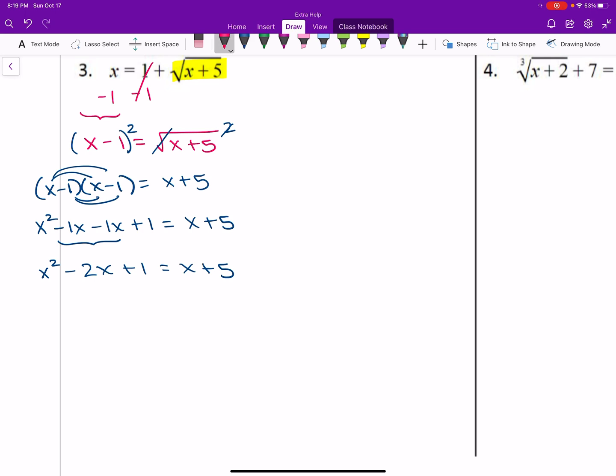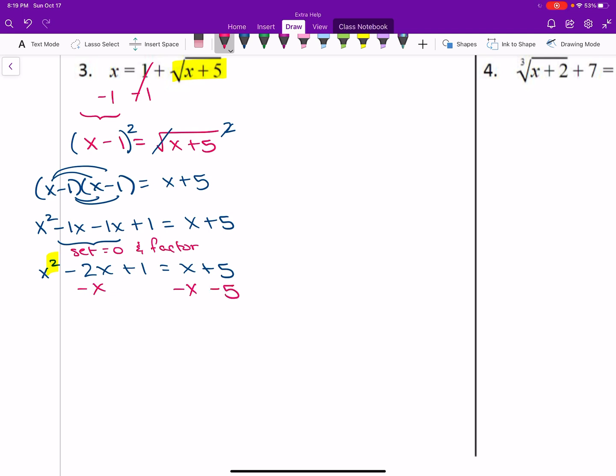Now from here, this goes back to unit 3. If you have an exponent, you need to set your equation equal to 0, because you are going to factor to solve. So I'm going to subtract the x from the right over to the left.